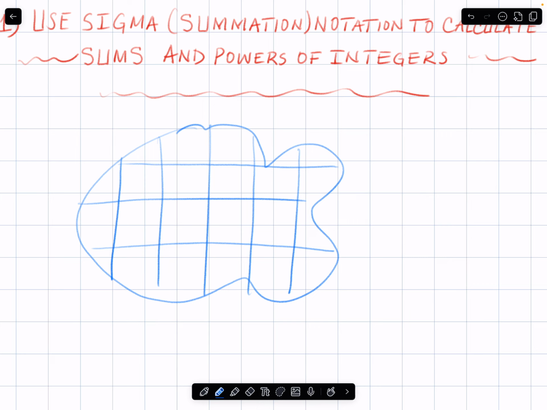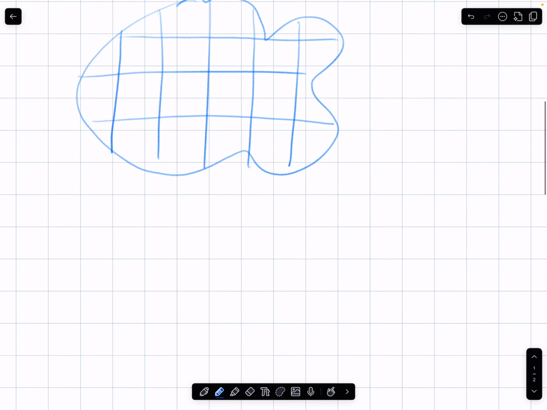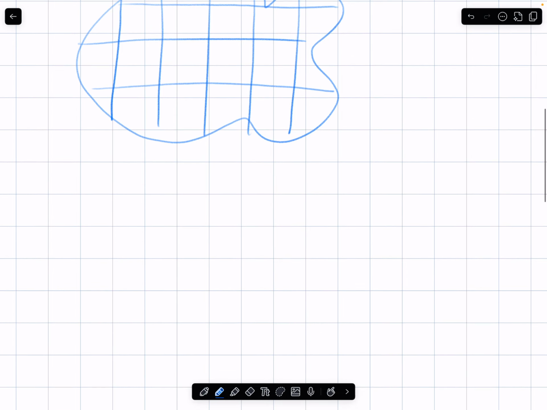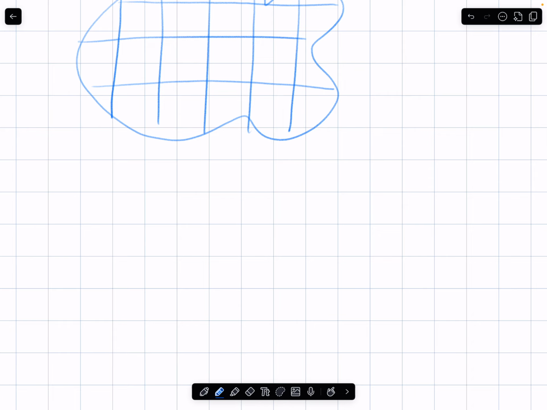Then he would calculate the areas using known formulas and add them all up to get the total area. In this video we try to use his method by adding up small areas so that we can get the total area of the shape in question.